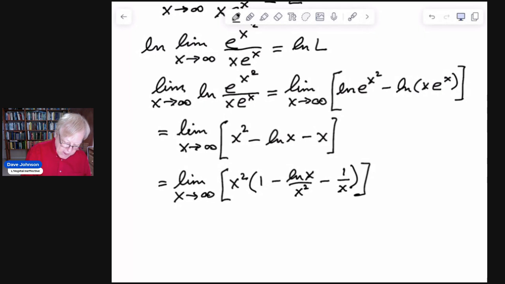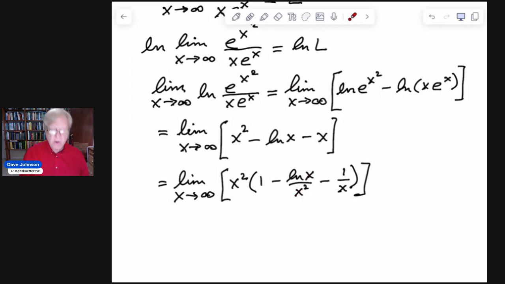Now, you might say, wait a minute, L'Hopital does come into play here, but not in the way most people would think. As x goes to infinity, the x squared becomes infinity, but this becomes 0, and this also becomes 0. I'm not going to separate this out and do it as a separate problem, but if you apply L'Hopital to this, you will get that the limit of this is 0. The way to see that really is that the natural log of x grows much, much slower than x squared does as x goes to infinity.